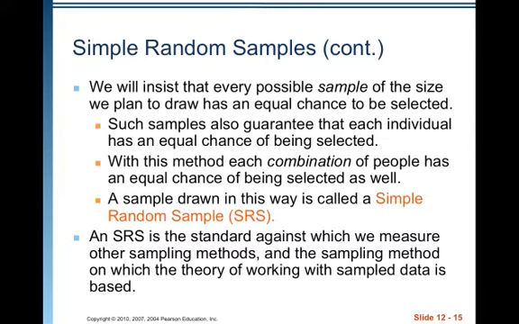It is the method that typically you want to use unless you have a good reason for bringing in another method. And we'll talk about good reasons that justify bringing in other methods. But simple random sample is the standard.